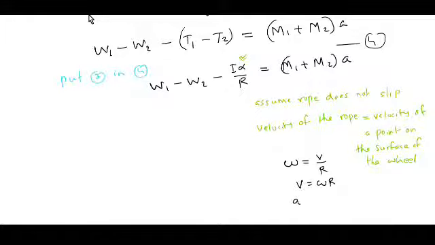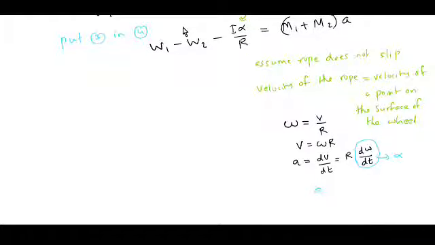Then the acceleration of that point on the wheel, that is simply differentiate this velocity with respect to time. The radius is constant, therefore the differentiation comes with the omega. d omega by dt, the rate of change of angular speed of the pulley, that is nothing but the angular acceleration.